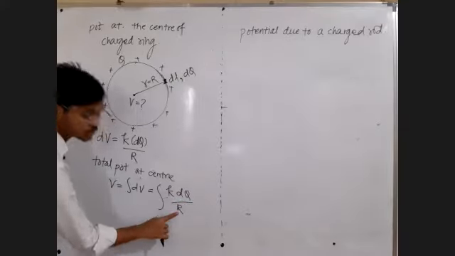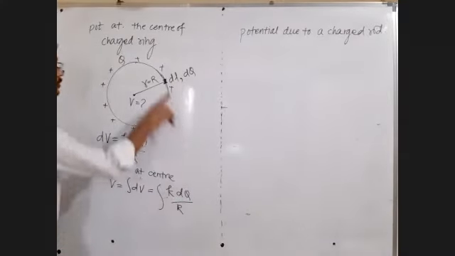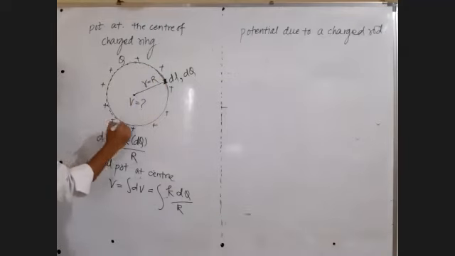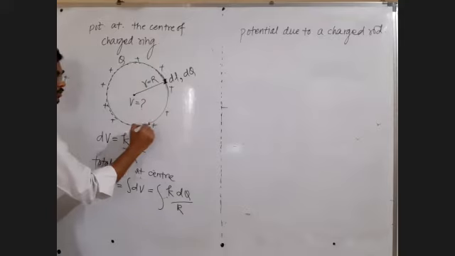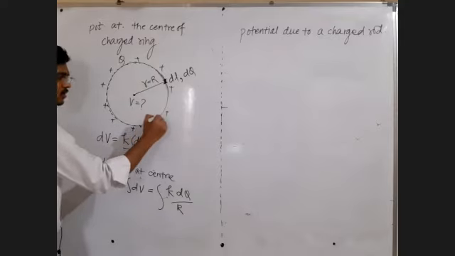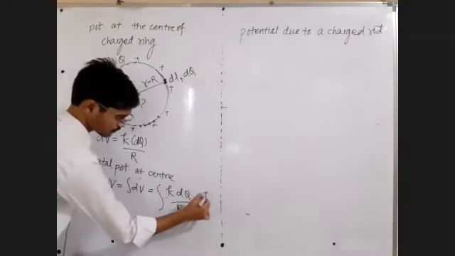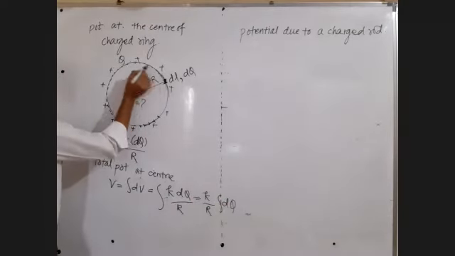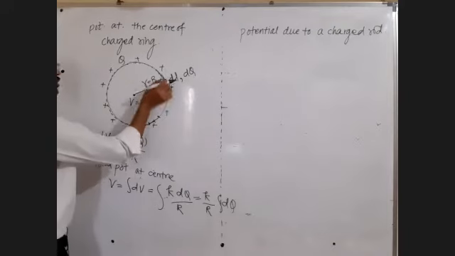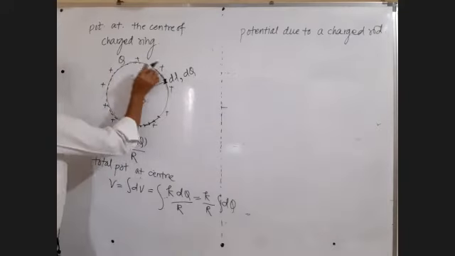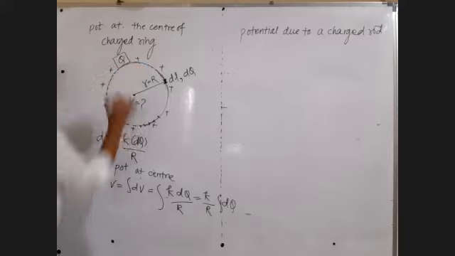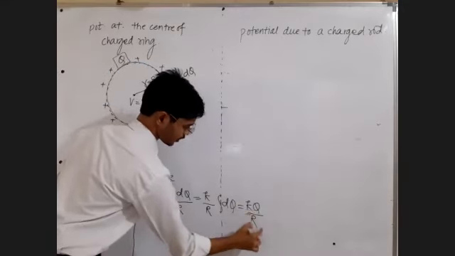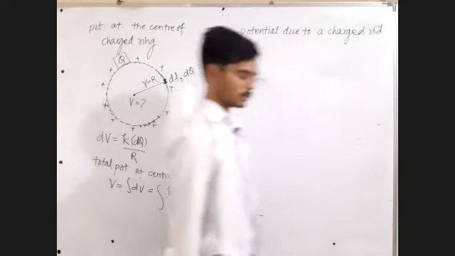K is a constant, r is also a constant, the radius of the circle, for all such dq, this dq, this dq, this dq. r is going to be constant. Integration dq over the circumference of the circle: all such small charges are to be added. That will give you the total charge on the circumference. Now this r is the radius of the circle. Replying in the chat box, clear and written.